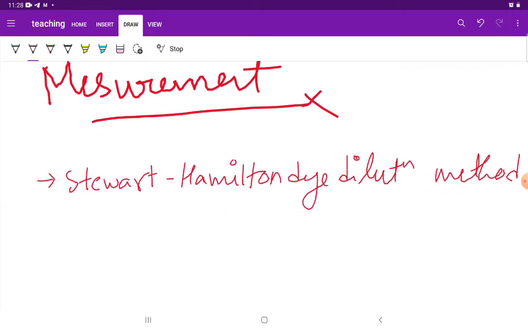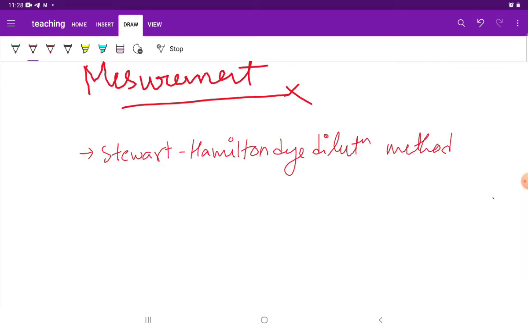Now what is the method? Basically there are two requirements which should be fulfilled in this particular method. One, the dye which we introduce should be evenly distributed in the compartment.